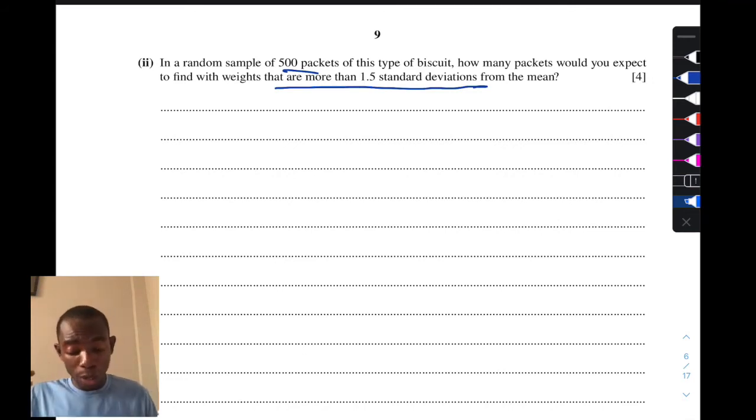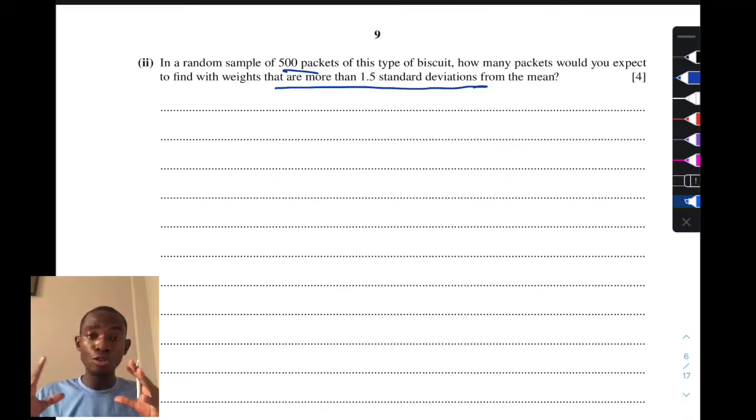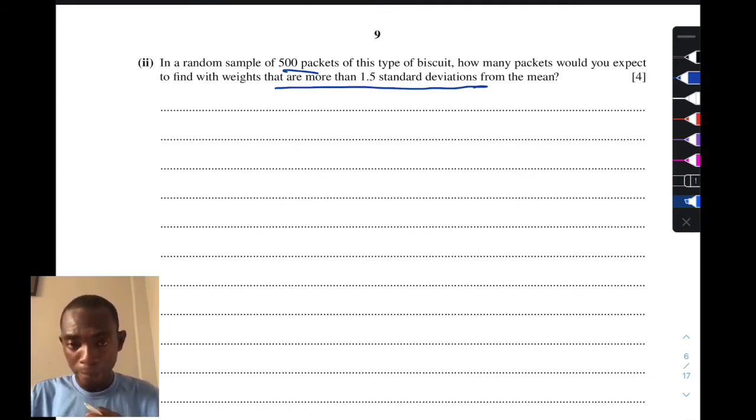If we know the probability of the distribution, which is 1.5 standard deviations from the mean, we can multiply that by 500. So the 500, don't touch it now. Let's just look for 1.5 from the mean. Now, let me argue something with you here.